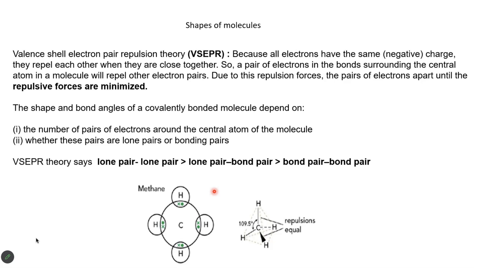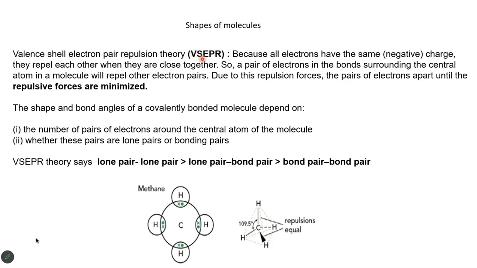Shape is not a three-dimensional one, just a model, but a structure in three dimensions says how the atoms are arranged regularly, the atomic positions, etc. Here, what we will do, we will take the bond pairs and lone pairs of the central atom and predict the shape of the molecule. And that is called valence shell electron pair repulsion theory.